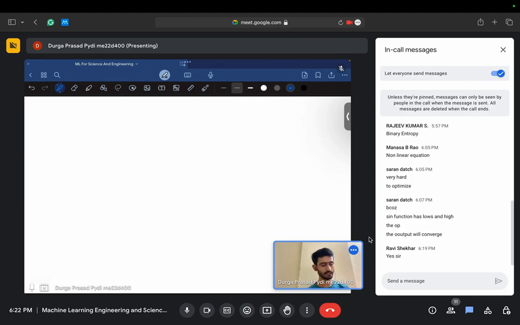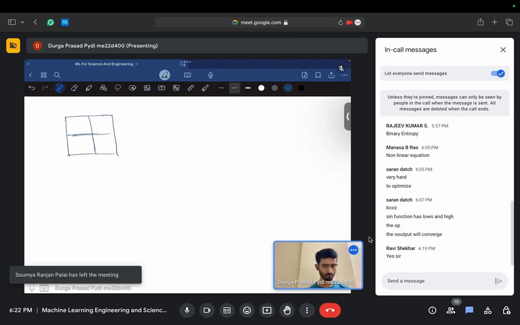If you recollect the truth table we have, we have 4 different possibilities: true, true, true, false.